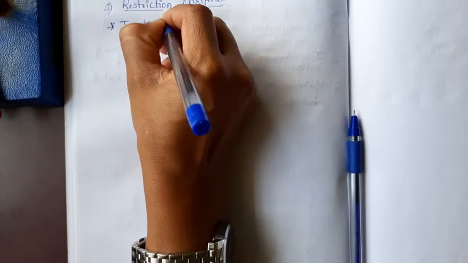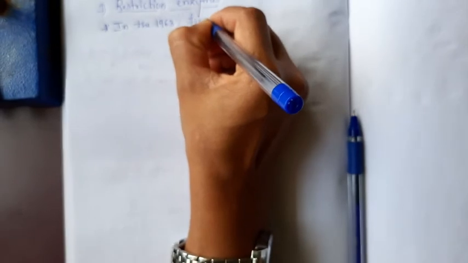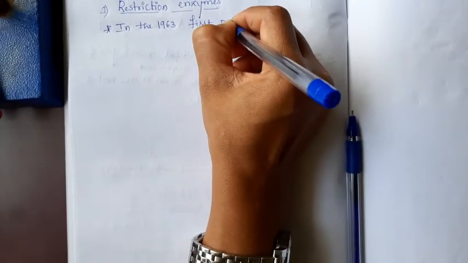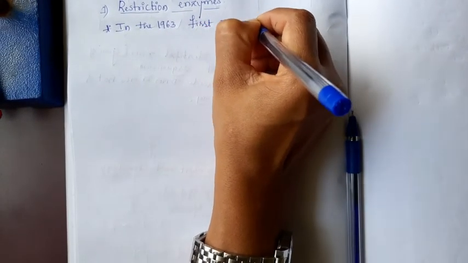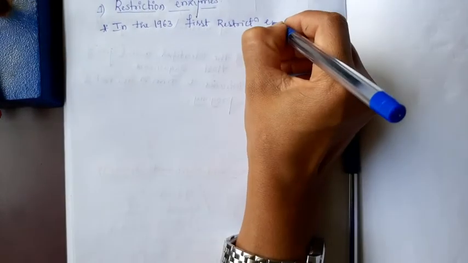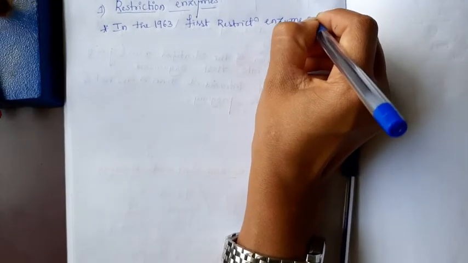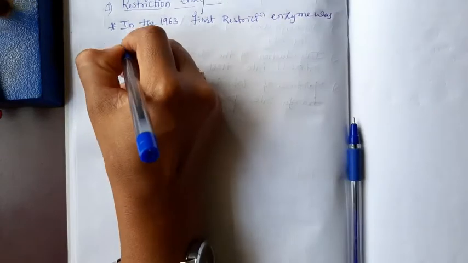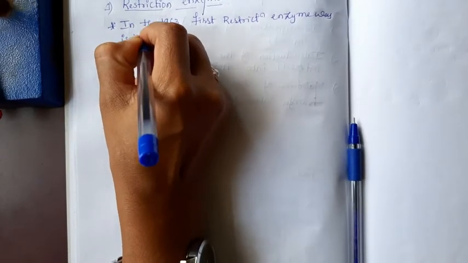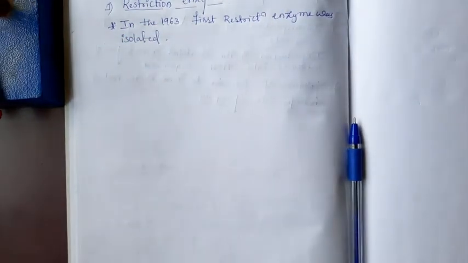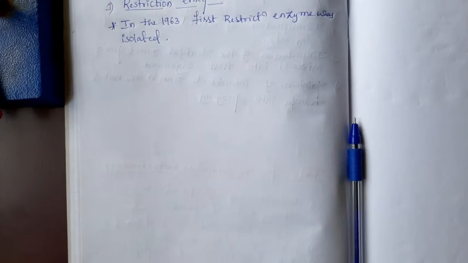In the year 1963, the first restriction enzyme was isolated, okay.